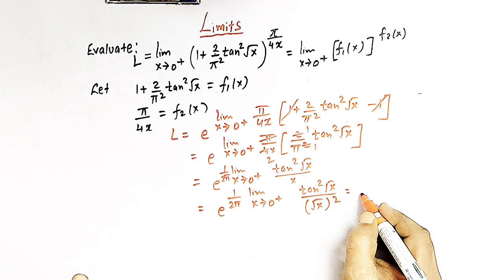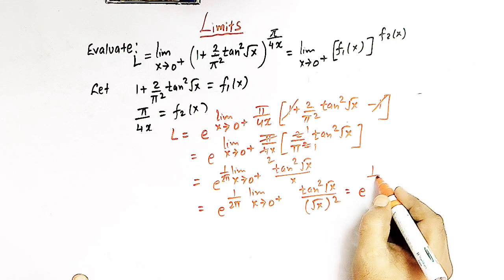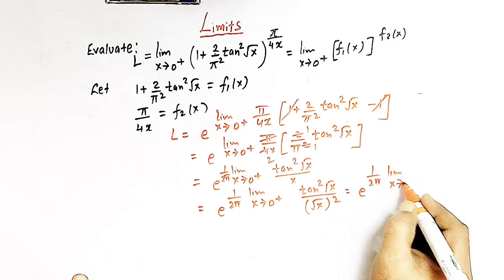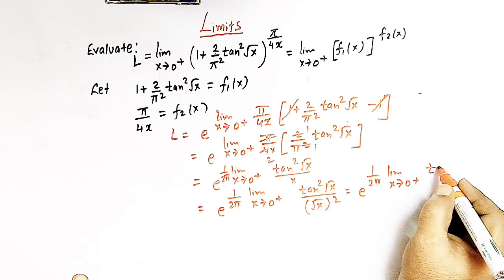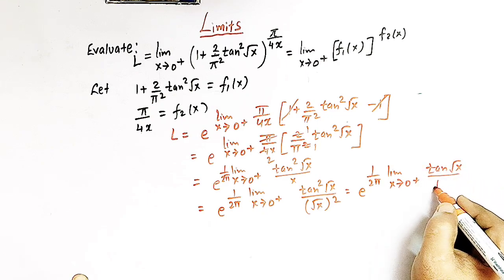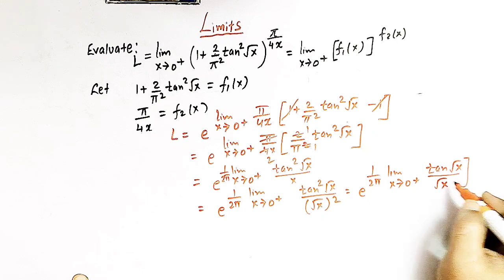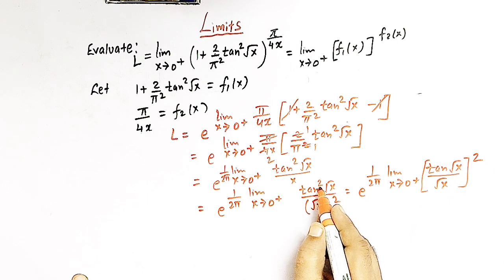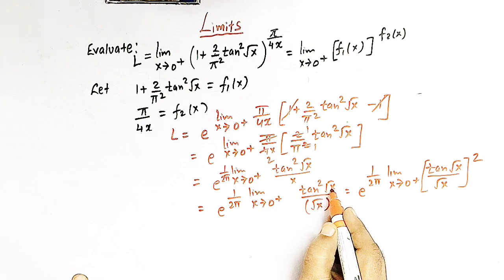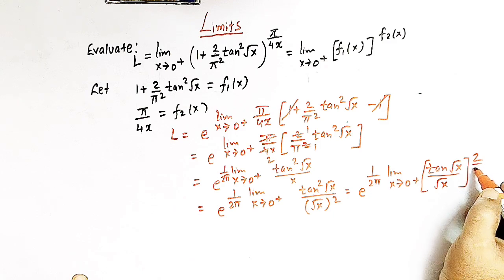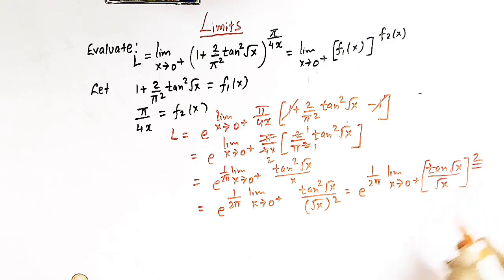So now we can write e raised to 1 over 2 pi limit x tends to 0, and here we can now write tan root x divided by root x, and we can take the whole square, right? So here we have tan square root x, here we have root x square, so combining these two terms, here we can take the whole square, right?